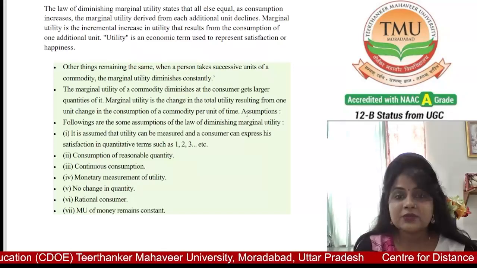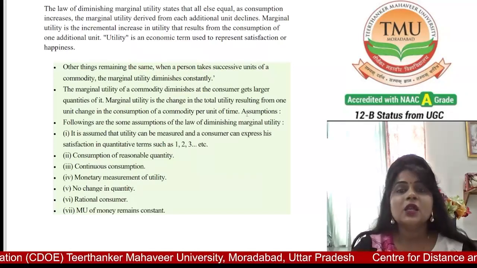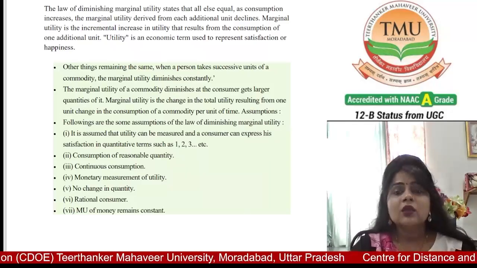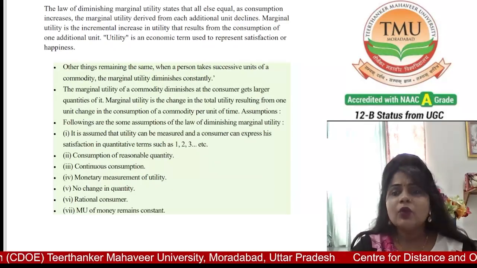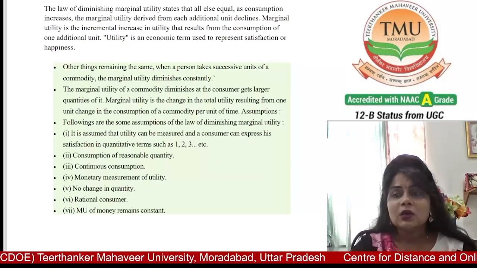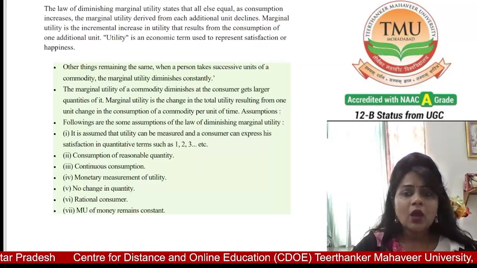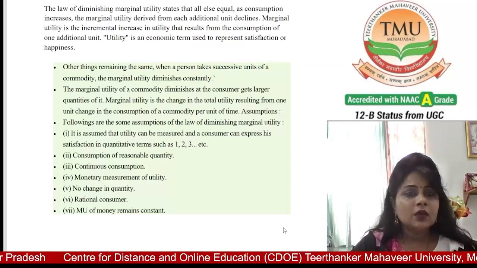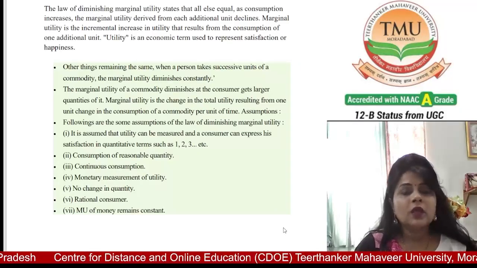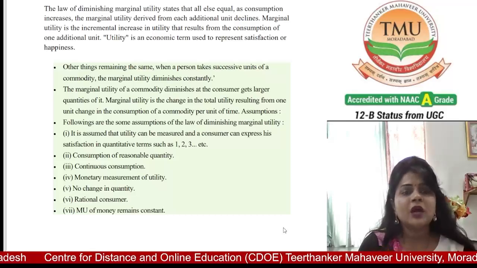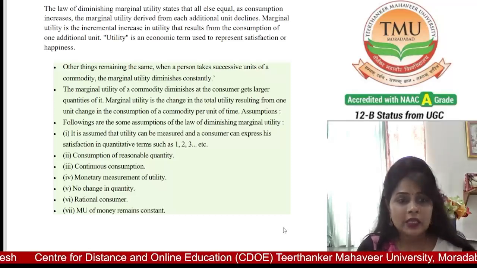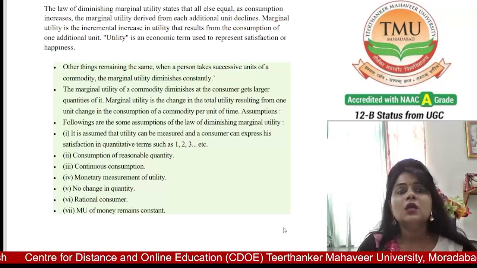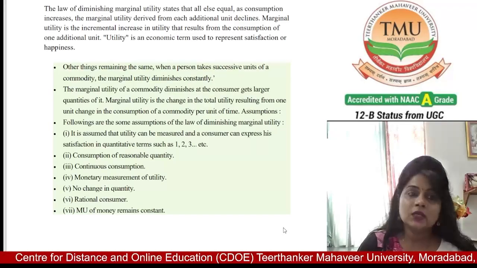Now, assumptions. Following are some assumptions of the marginal utility. I think you have to understand the law of diminishing marginal utility, which causes such a decrease in satisfaction with successive unit consumption.